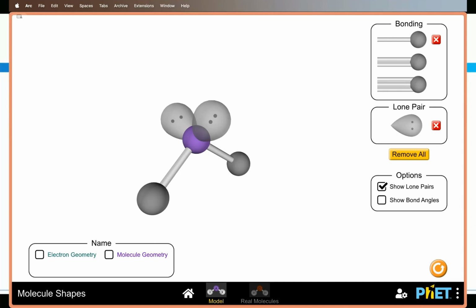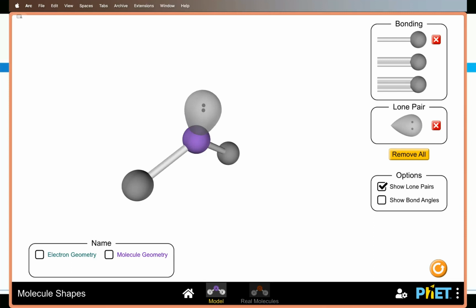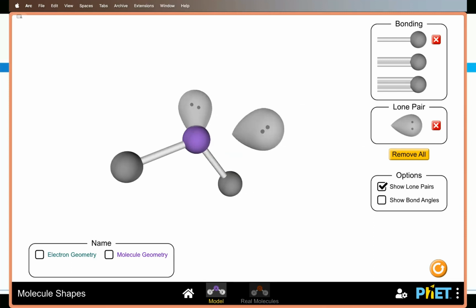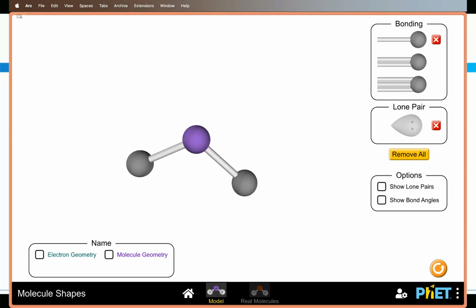The other one we saw earlier, but if I only have 1 lone pair, it looks almost the same. So I put 2 lone pairs on here, and if I take 1 off, it changes a little bit, but it's still the same basic shape.